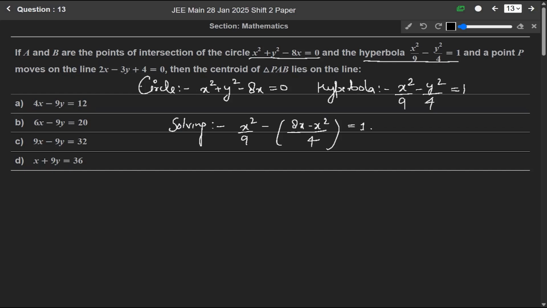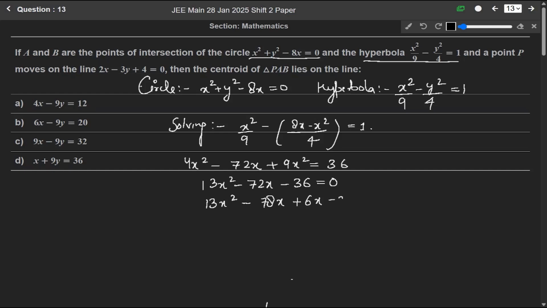So when we solve it, we get 4x² − 72x + 9x² = 36. So from here we can write 13x² − 72x − 36 = 0. So 13x² − 78x + 6x − 36 = 0.